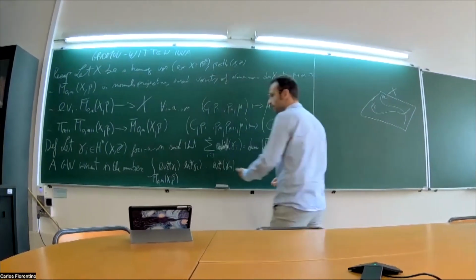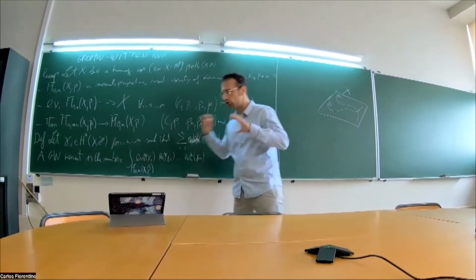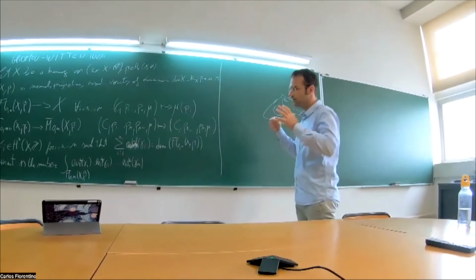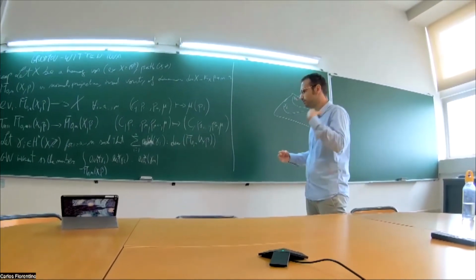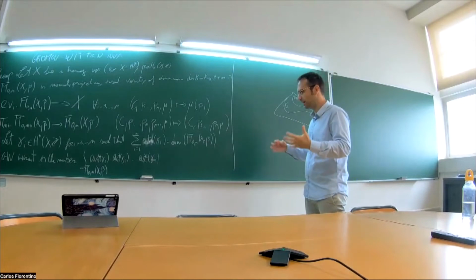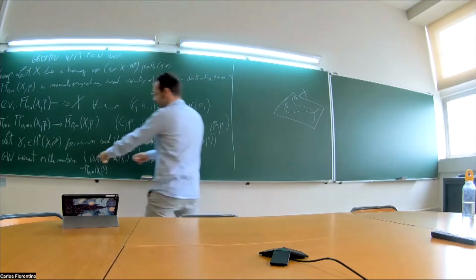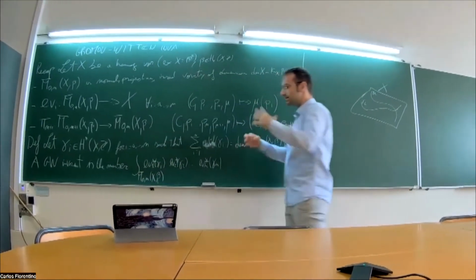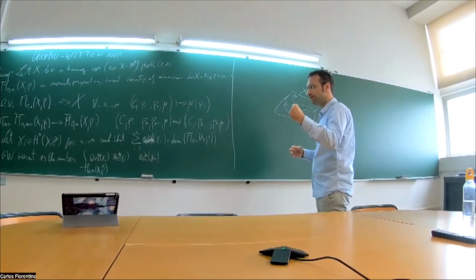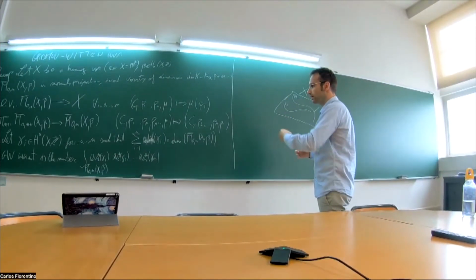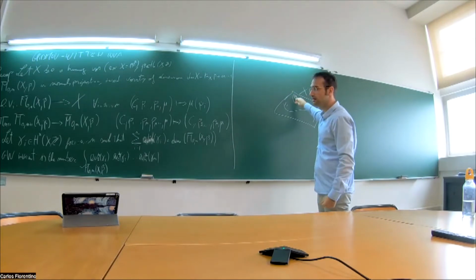What does it mean? It's basically the pullback of these cycles. Geometrically, even if this is just a geometric intuition, it's not formally true, but let's think in more relaxed terms. This is the cycle of all maps such that the first marked point's image is contained in gamma 1.